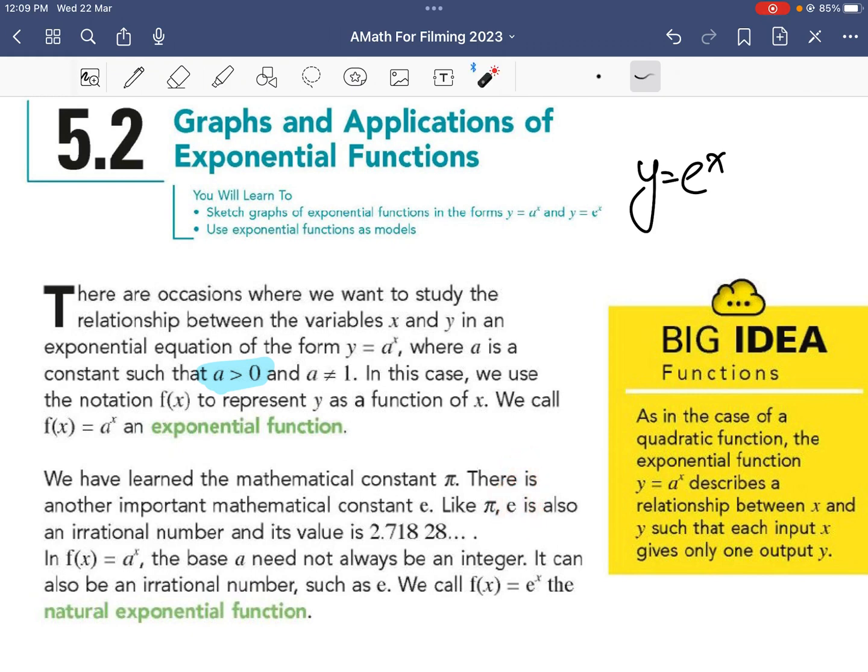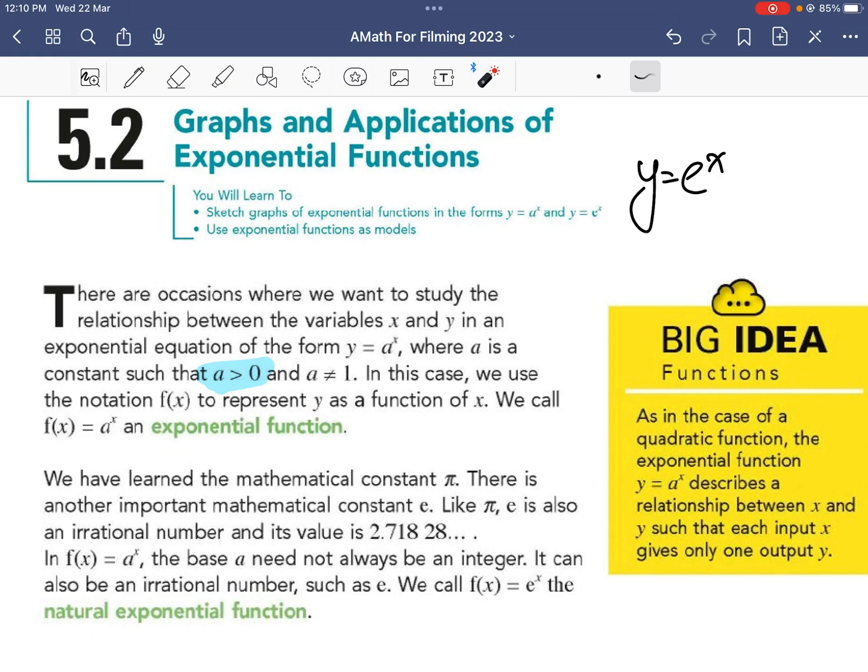E is also an irrational number, 2.71828 and so on. Not to worry, this exponential number e can be found inside your calculator. You can ask your teacher in class to try to find the value of e to the power of 1. You get this number, 2.71828 and so on.